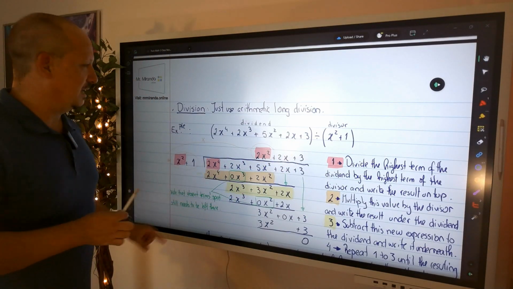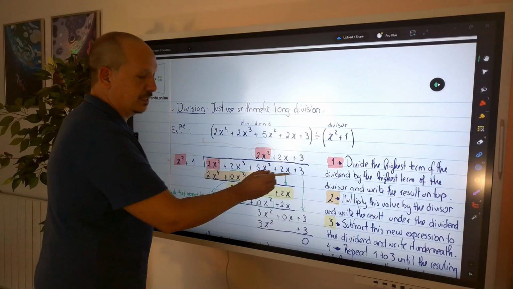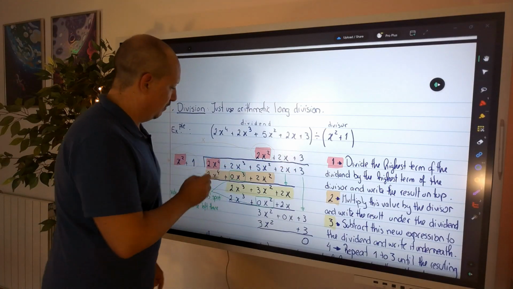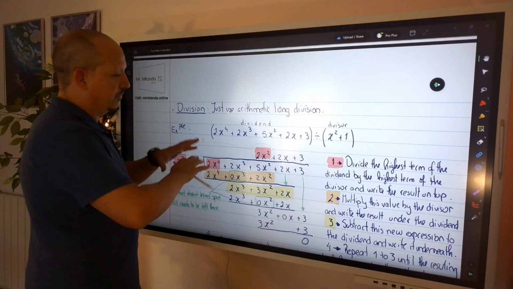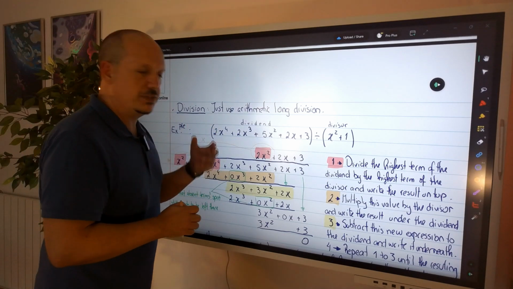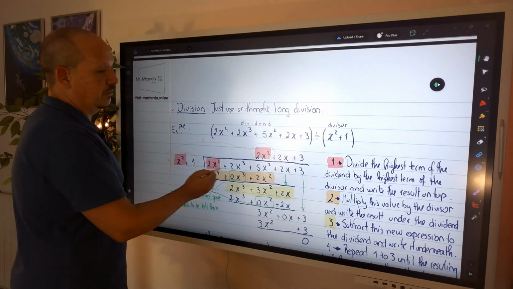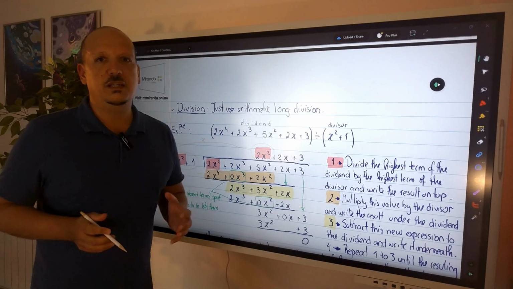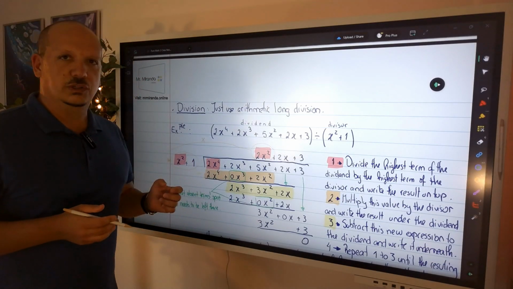Remember this? You put the dividend, you write it down. You put this line, it looks like a square root, but it's not the square root. It's just this line, just to divide the different parts of what you already have and what you are going to have. So again, the dividend over here, the divisor over here, and then you are ready to start doing the long division.